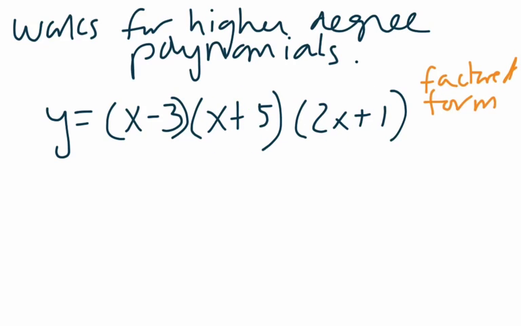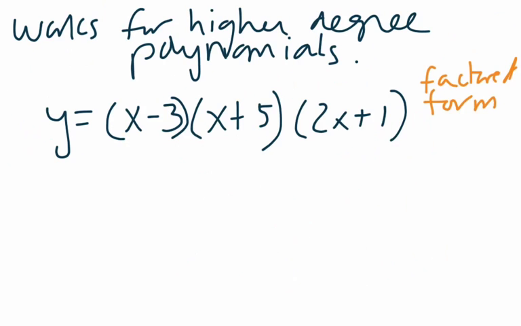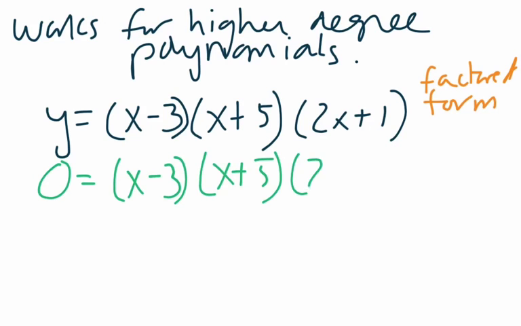If you are asked for the x-intercepts, we know that the y-coordinate of the x-intercepts is always 0. So if the question is, what are the x-intercepts, then you're going to take out the y and put in the 0.